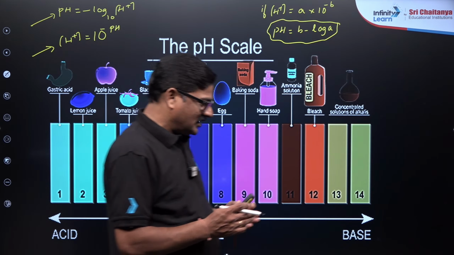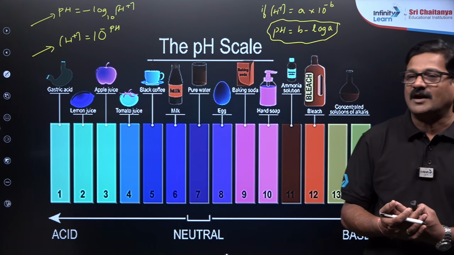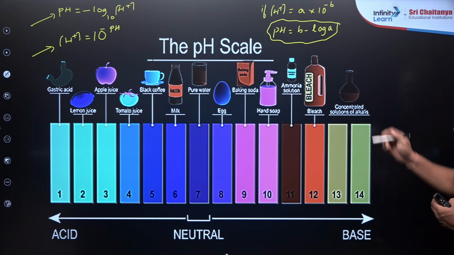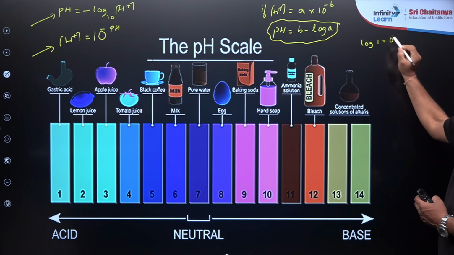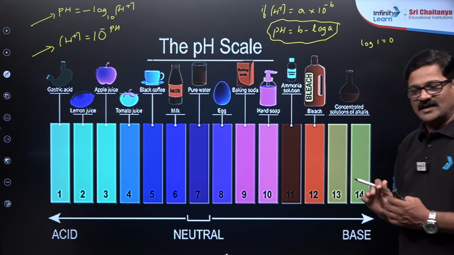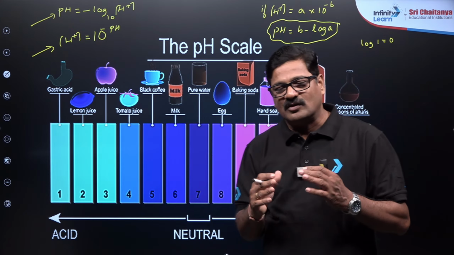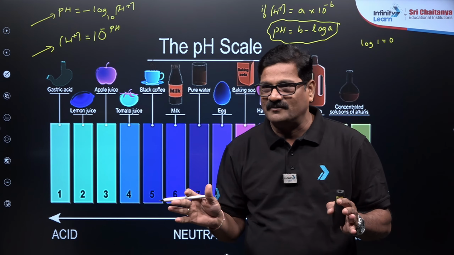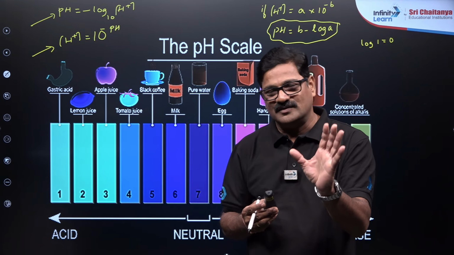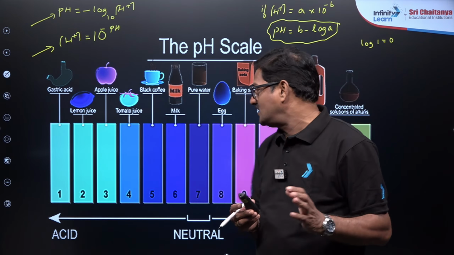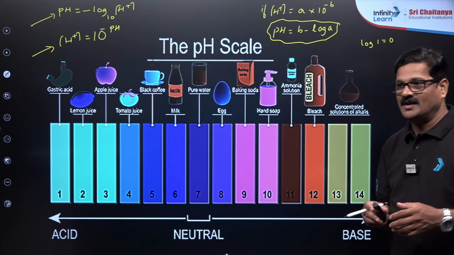How do you find the logarithm value for pH? It is just this much. Log to the base 10 of 1 is equal to 0. In the examination, the log value may or may not be given, it doesn't matter. But you can simply memorize 2-4 values so you can calculate the pH like a pro.